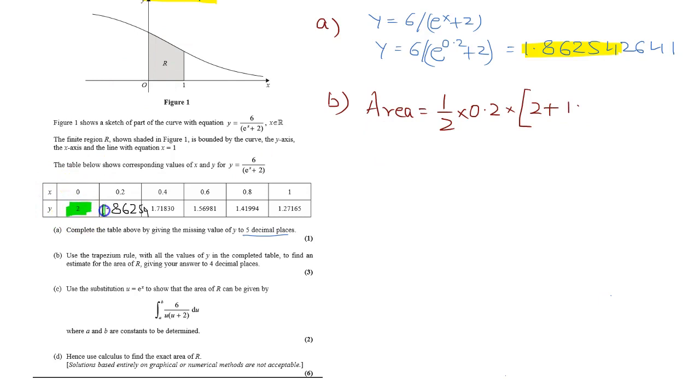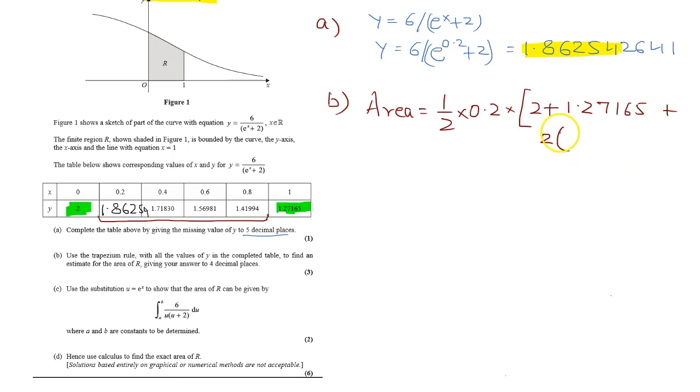So these are the extreme values, 1.27165 plus 2 multiplied by the sum of these. You have to add all of these and write the value of this sum.